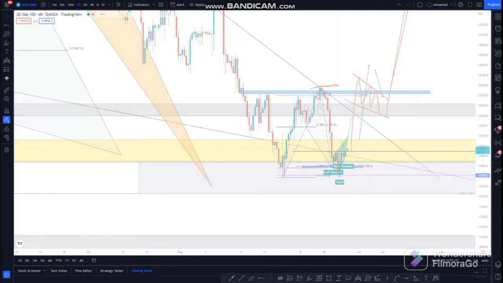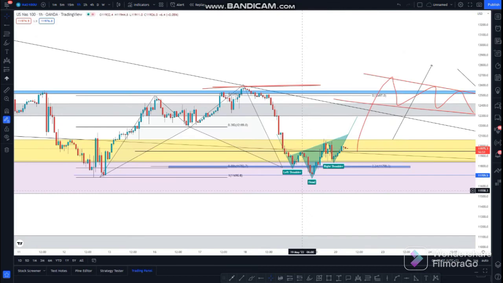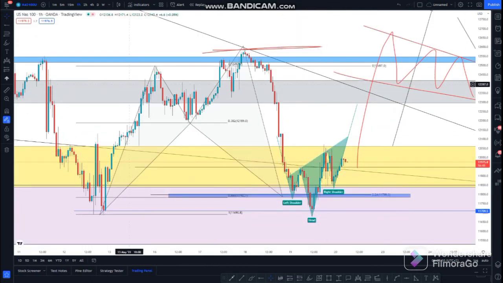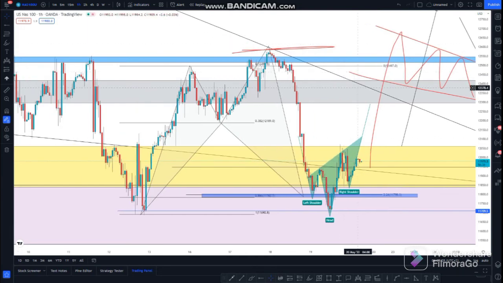Okay, so let's go again to the 1 hour time frame. Let's see what the market has to say there. Yeah, this is the Shark pattern that I was speaking about, and this is another confluence as well, right? So we have an inverse head and shoulders pattern with a comeback in price that can actually take us higher.